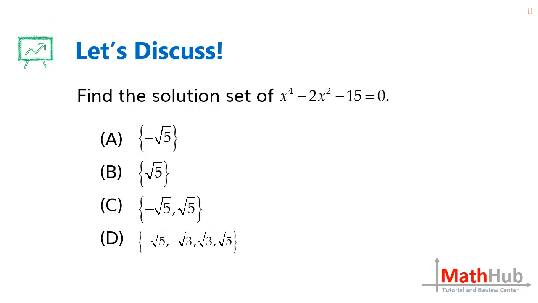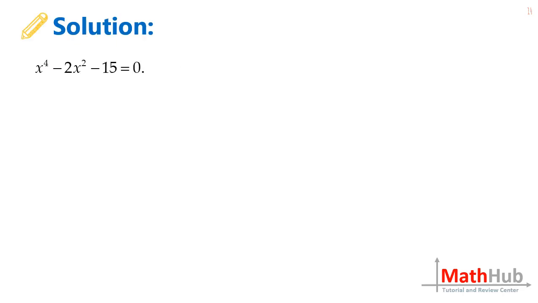Next, find the solution set of this one. Now, note that this is not really a quadratic equation because the highest exponent is not 2. We have 4 here. However, although this is not a quadratic equation, it is quadratic in form. Why is that?